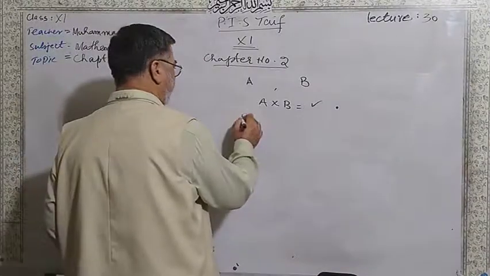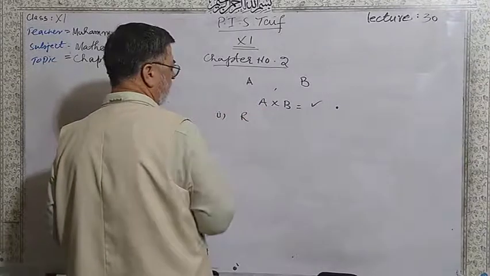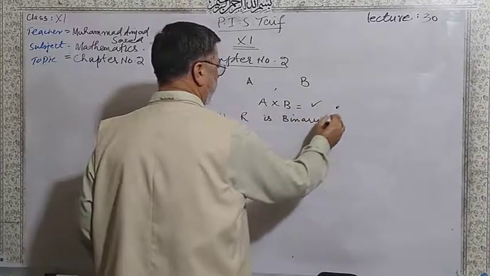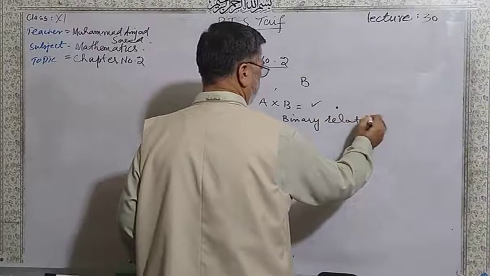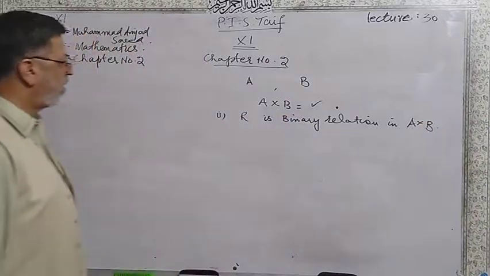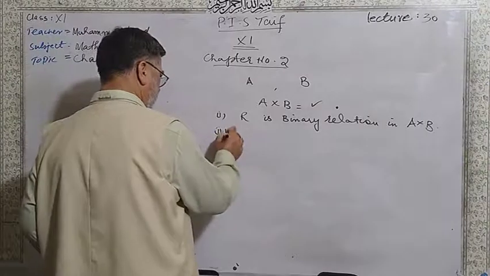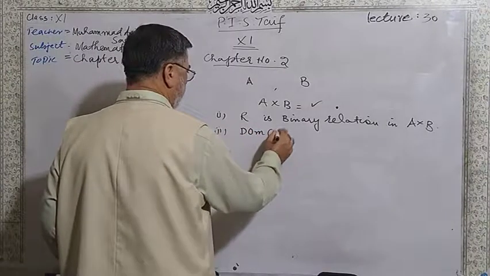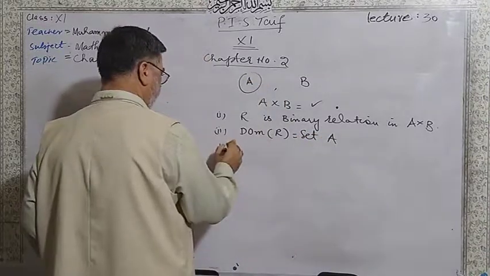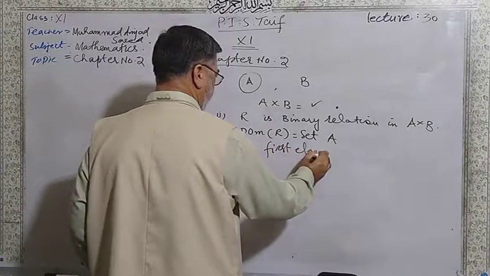Then you will take a relation R. Number 1, R is a binary relation in A cross B. Second, the domain of R is equal to set A. Number 3, no first element is repeating.